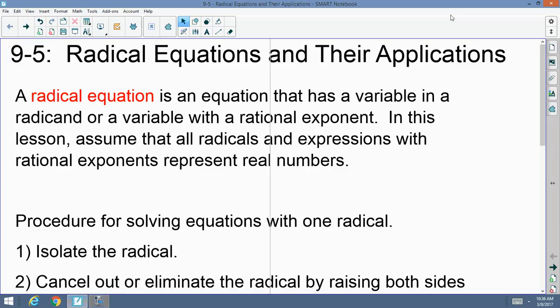So when you have a variable as the radicand, that's a radical equation. In this lesson, we're going to assume that all radicals and expressions with rational exponents represent real numbers. And we have to define that because I'm going to be teaching you guys imaginary numbers and complex numbers tomorrow.